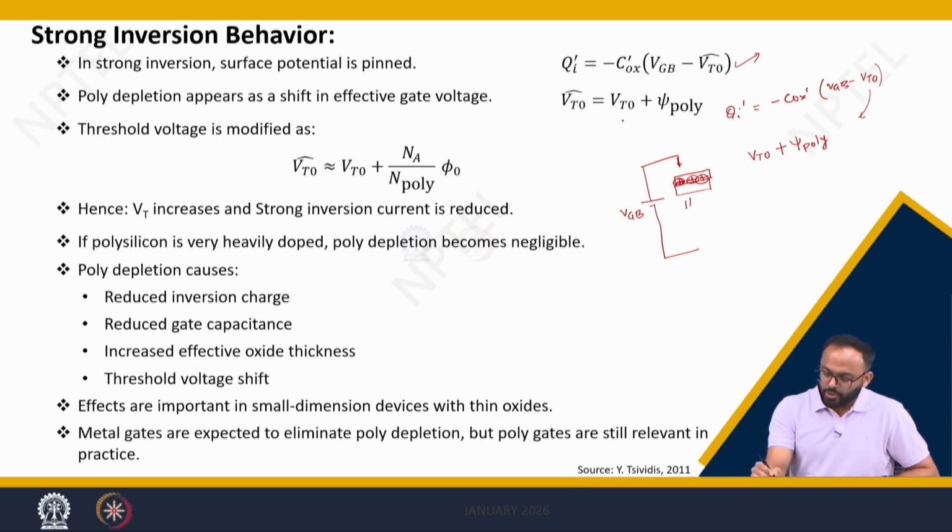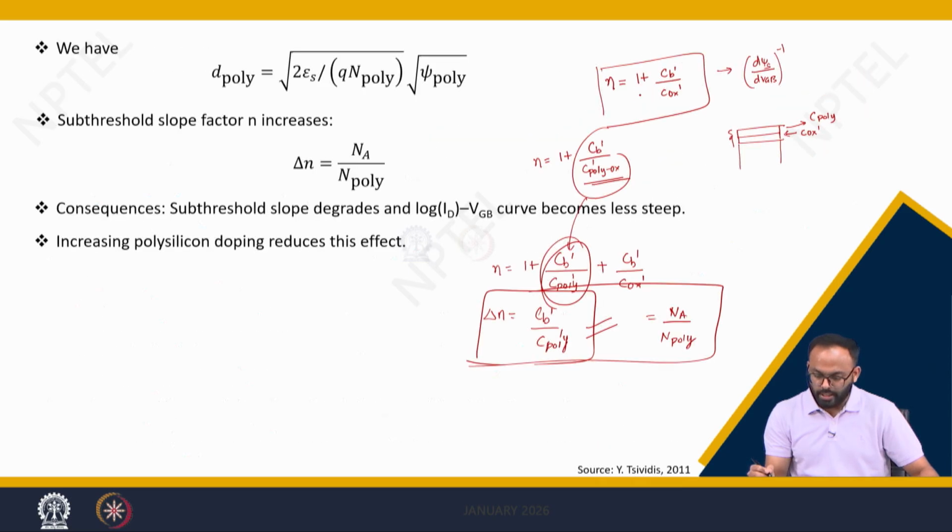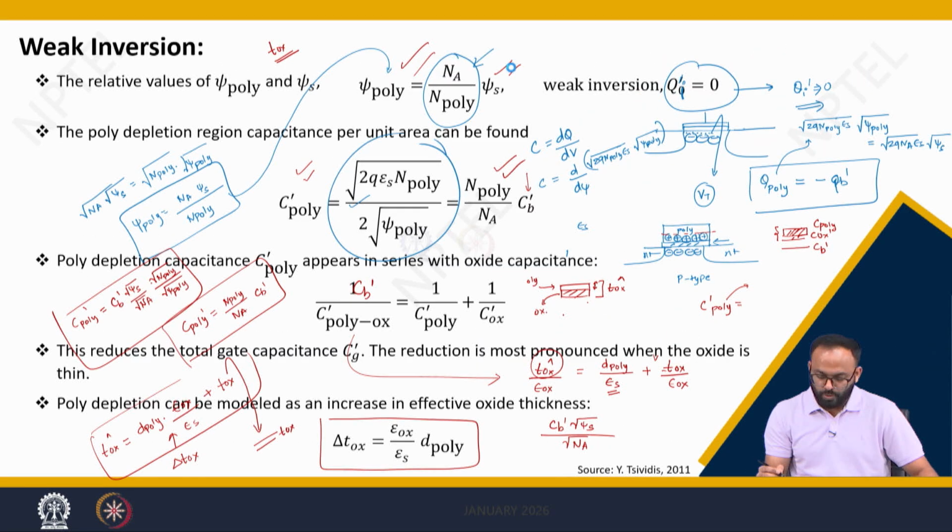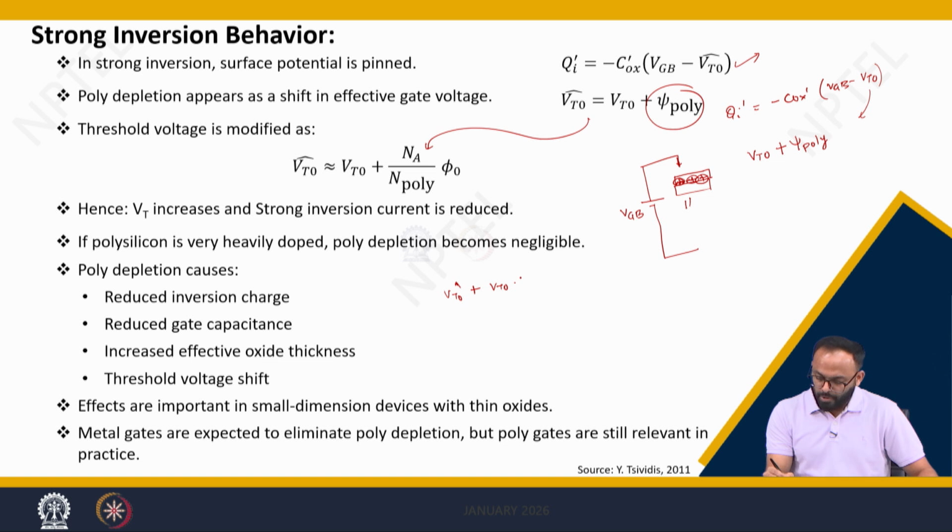So, you can rewrite this equation as VT naught plus VT naught into, again, psi poly can be replaced by this equation, to get a form of equation in terms of doping. So, VT is equal to VT naught plus Na divided by N poly into psi s, where psi s is nothing but phi naught, right, in strong inversion.